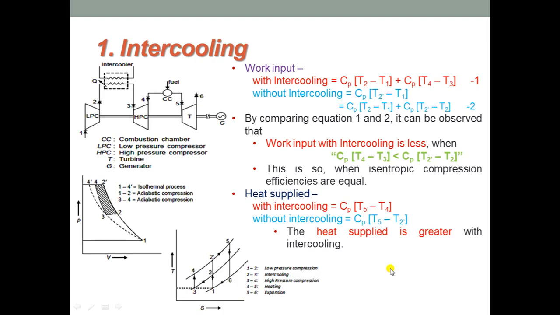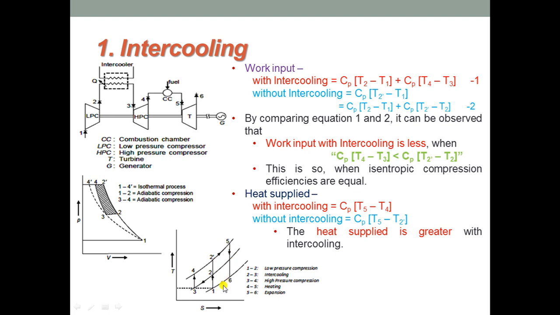The observations we can make finally here: if intercooling is considered during the gas turbine cycle, the net work output increases. If you measure the area from point 1, 2, 3, 4, 5 and 6, this is the net work done area.